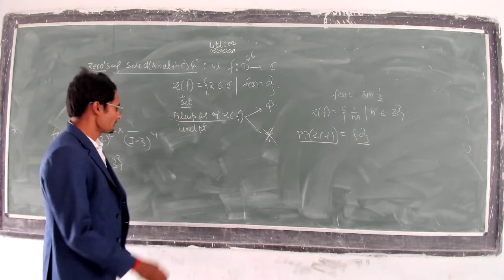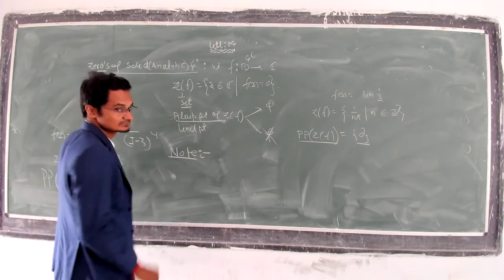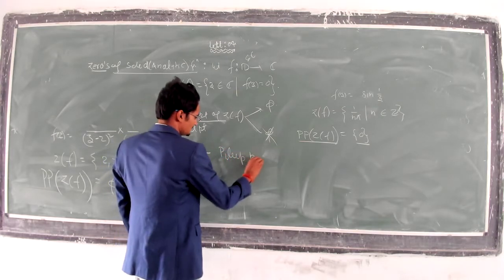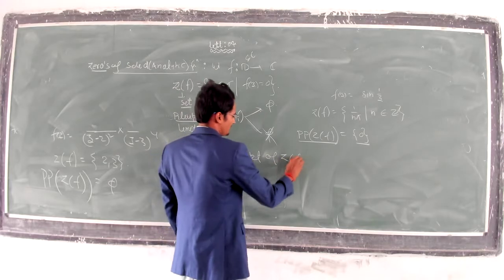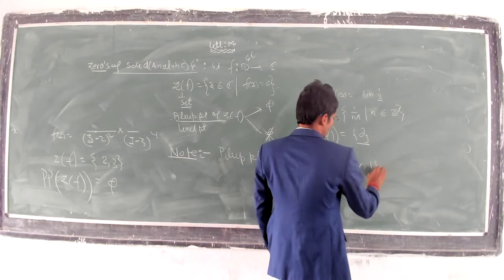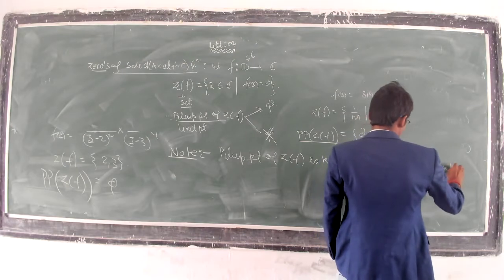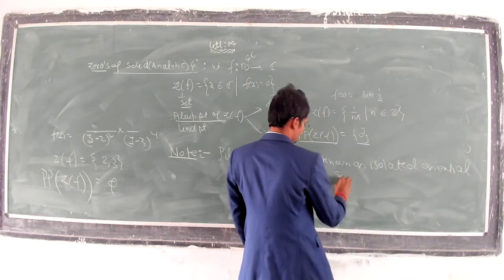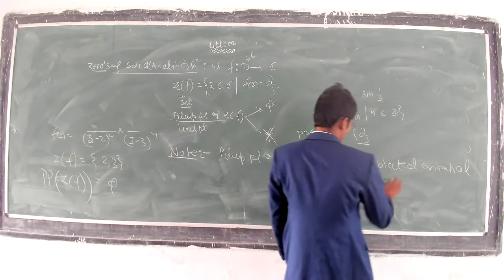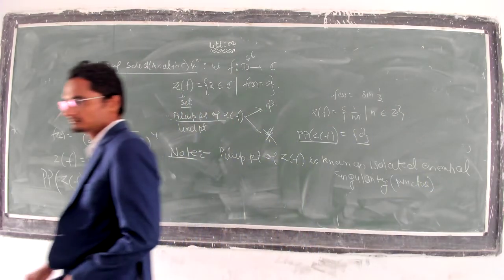So there is one note, you can write it and we will prove it later. Limit point of zeros of f is known as an essential singularity of the function.